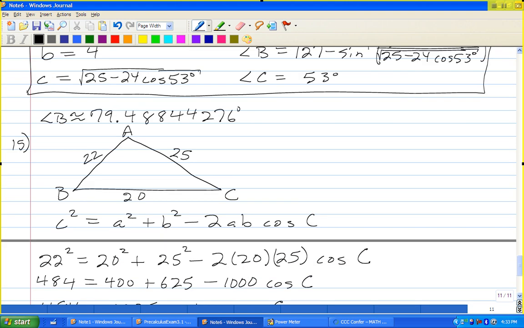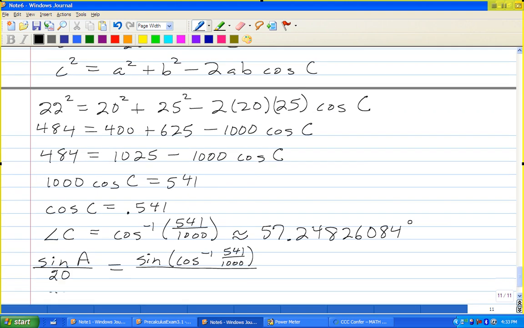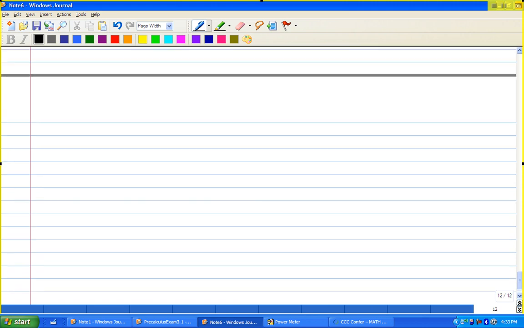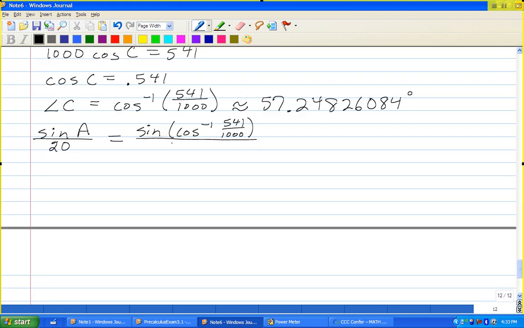This is C, 22. We can figure out what the sine is of that.